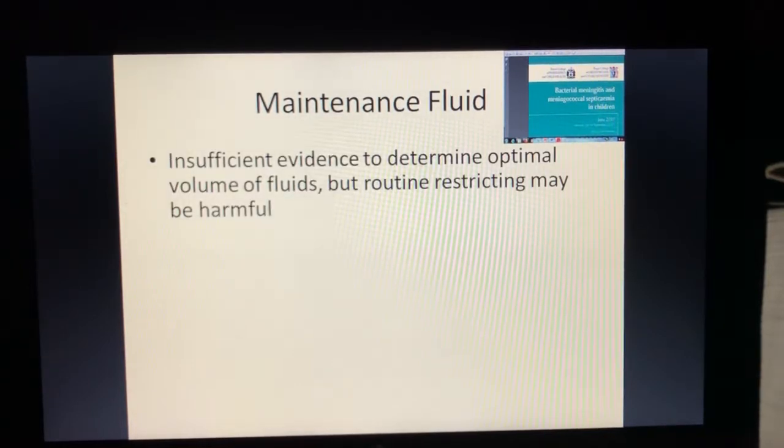When a meta-analysis of 2 trials of 407 children between the ages of 1 month and 12 years was analysed, they found no significant difference in mortality between the maintenance and restricted fluid groups. So mortality in the maintenance group was 15%, and in the restricted fluid group was 18%.